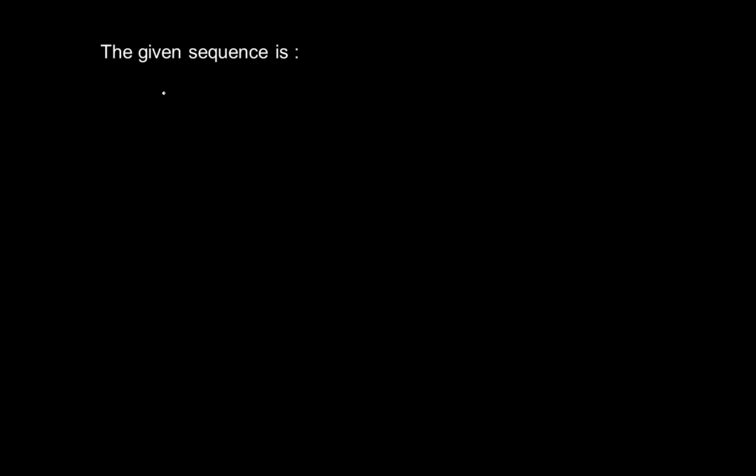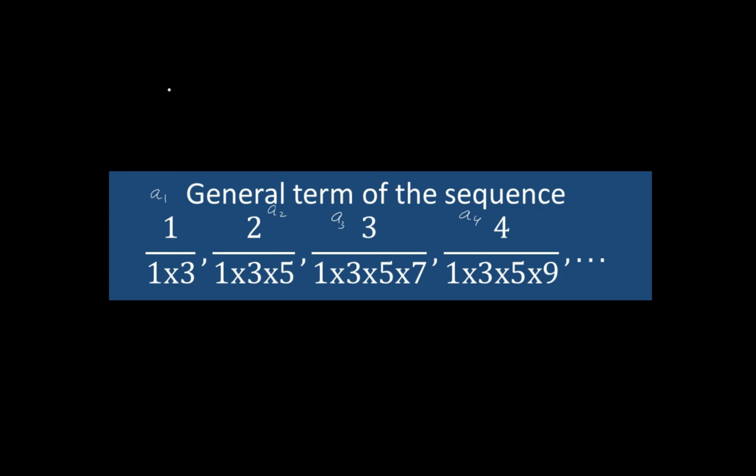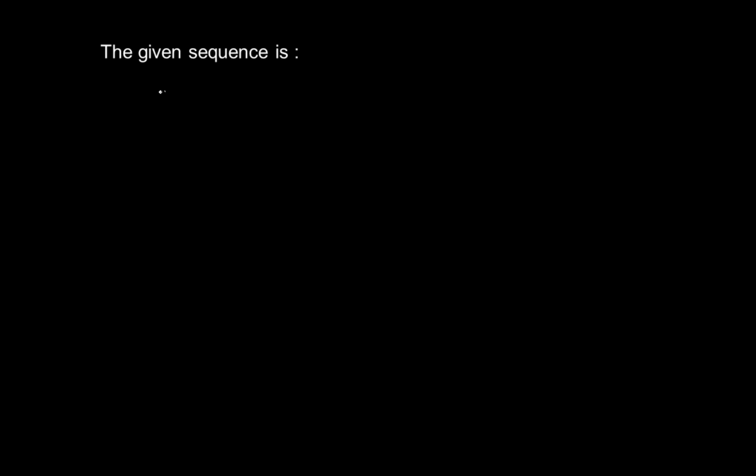The sequence is 1 divided by 1 multiply 3, 2 divided by 1 3 5, 3 divided by 1 3 5 7, and the next term is 4 over 1 3 5 7 9, and so on.